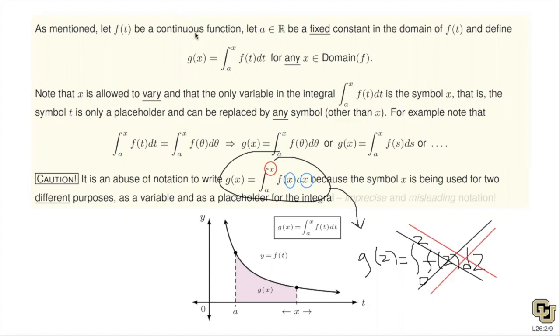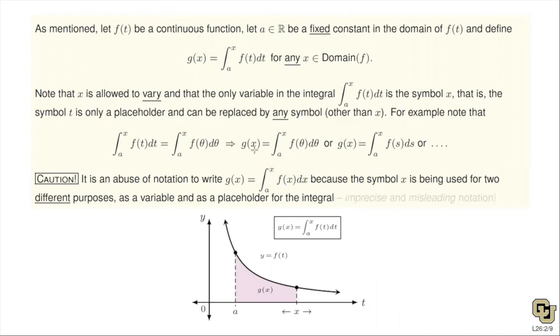And be careful. If I have an x up here, I cannot then also have an x down here. I just need to use a different symbol: t, s, theta, smiley face, whatever, just not x. In general, whatever variable I have up here, I can't repeat that in the integrand. And this is the most common mistake I see.